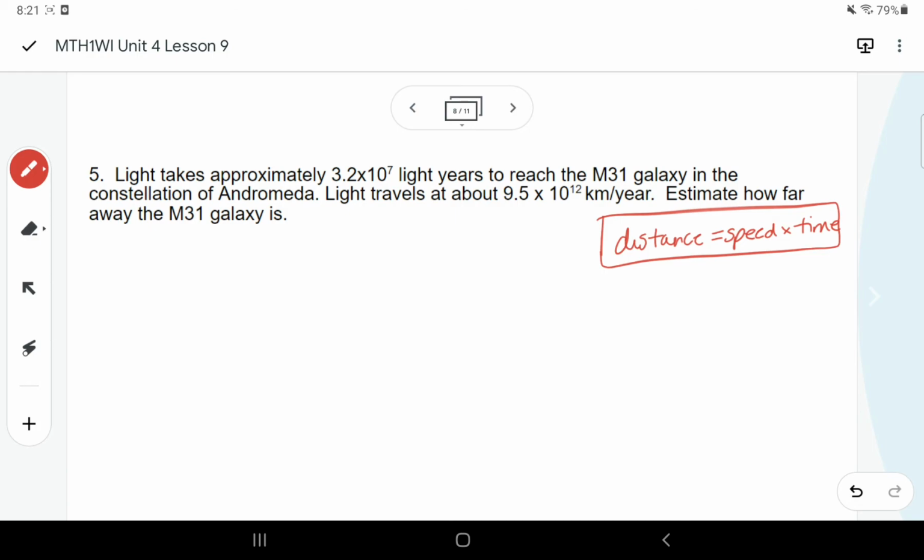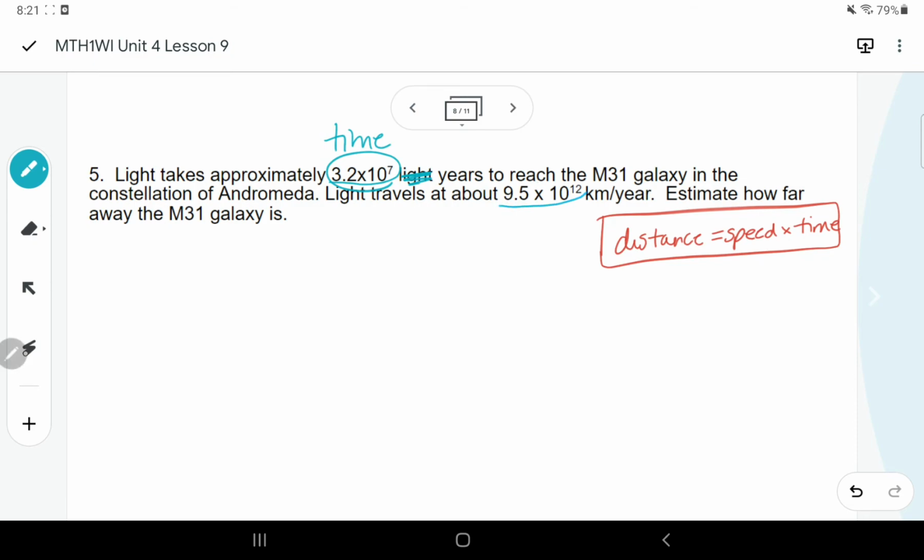But we have to figure out which thing each of these numbers is. So light takes this many years. That's our time. It takes, not light years, just years to reach that galaxy. So it takes like millions of years to get to this galaxy from Earth.